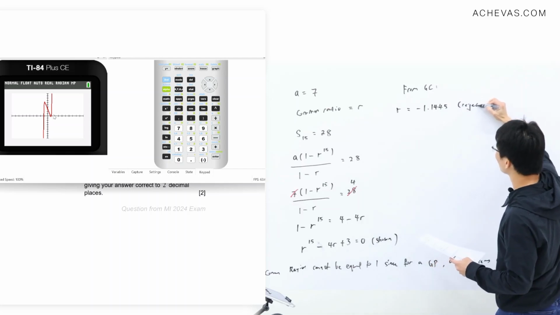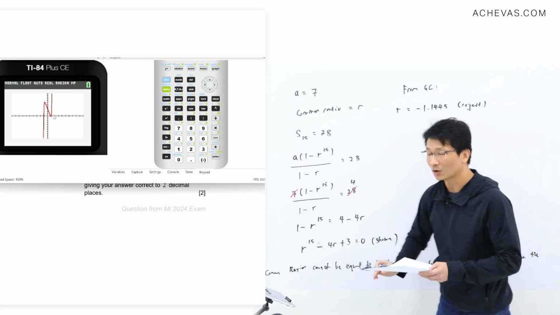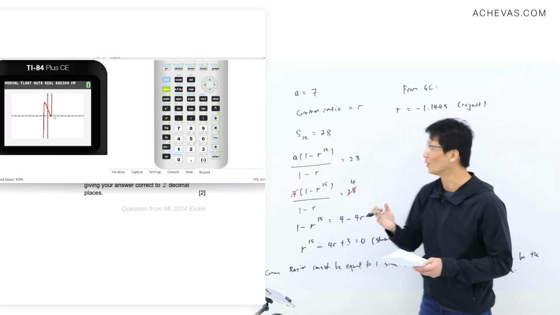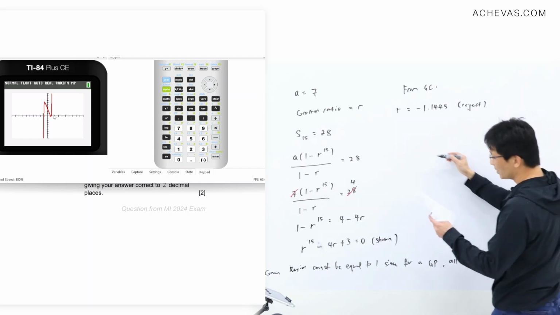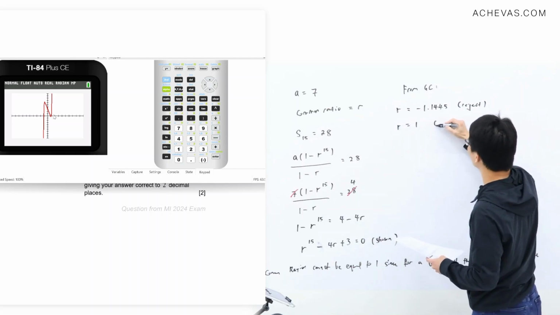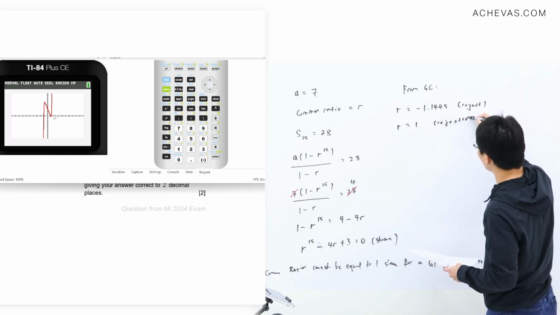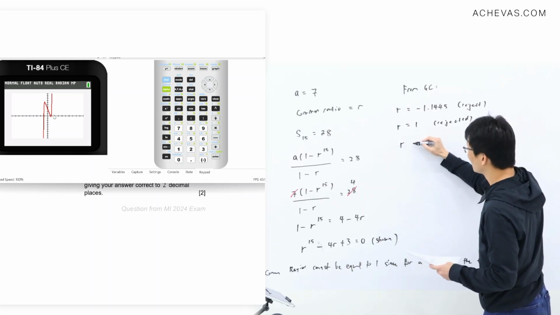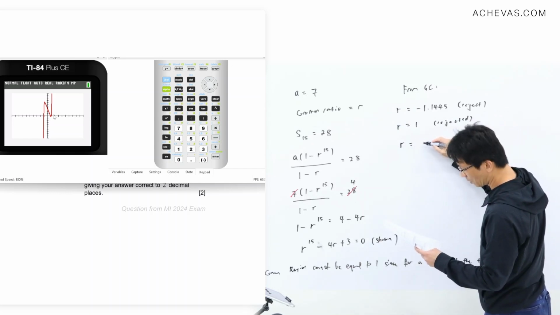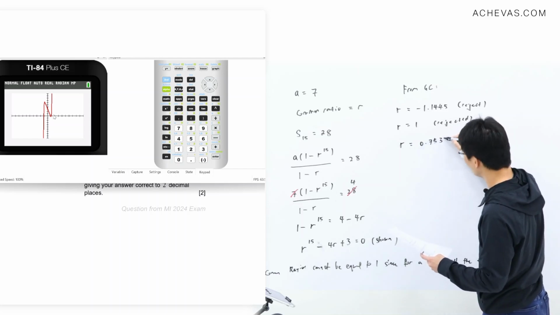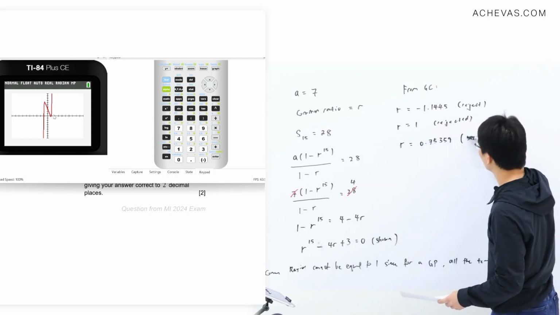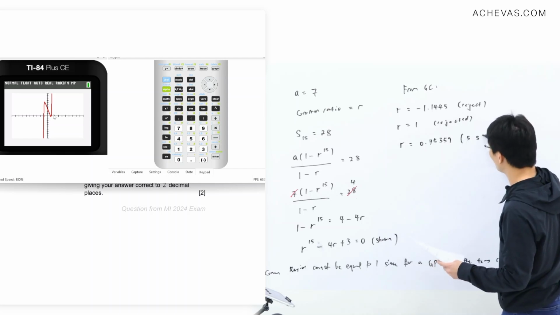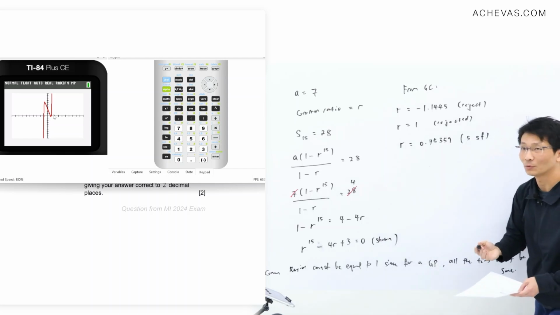This one is rejected because our common ratio should lie between -1 and 1. The other one is R equals 1, so also rejected because of this. And finally, our last root for the common ratio is 0.75359.